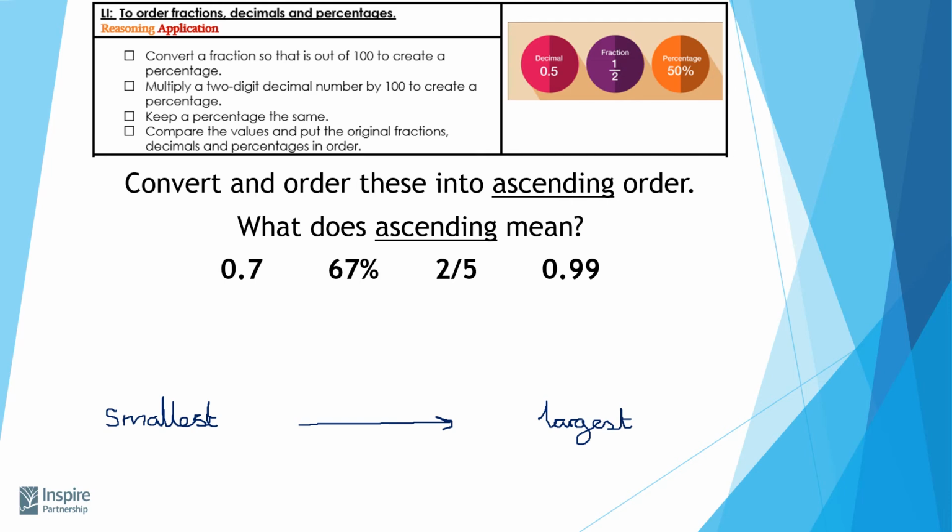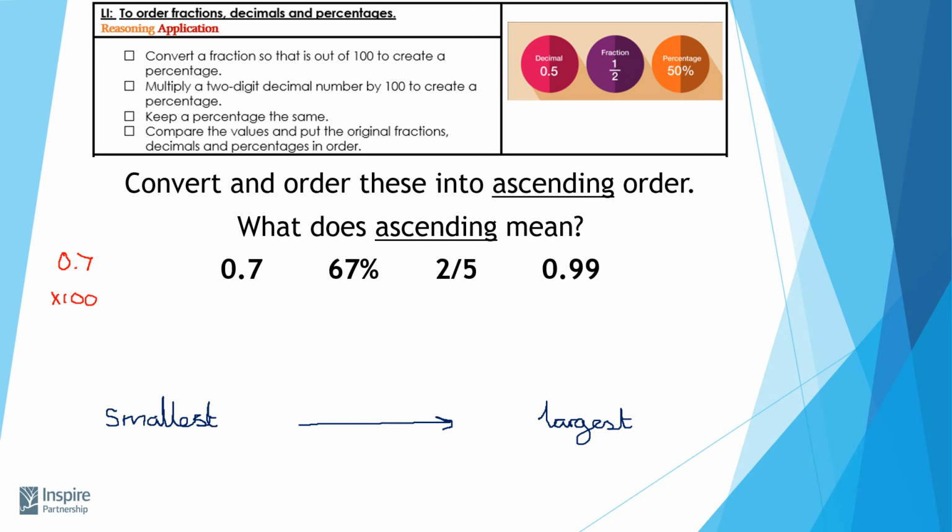Well, really what we've been doing is looking at how we convert everything into percentages. So let's begin by making them into percentages. So 0.7. Now what do I do to a decimal number in order to convert it into a percentage? Remember we said earlier, anything like that we multiply by 100.